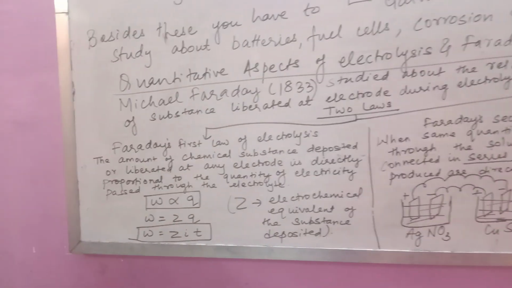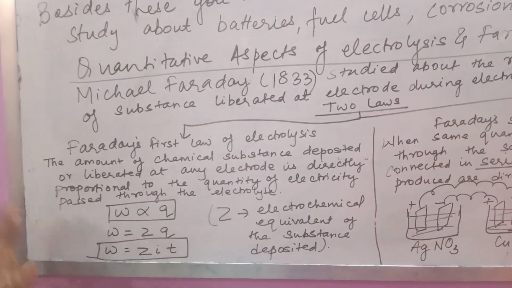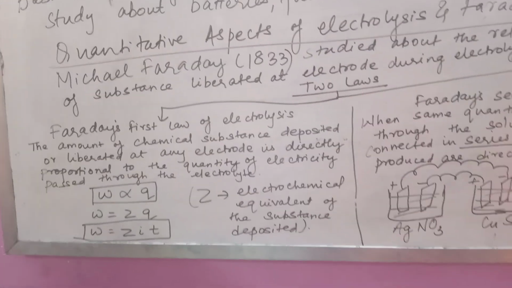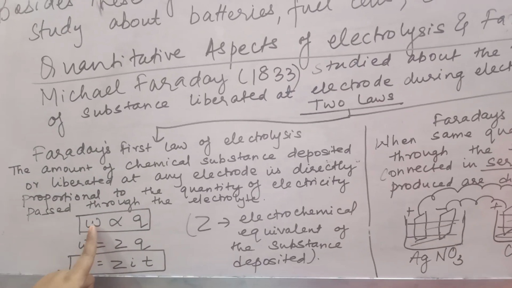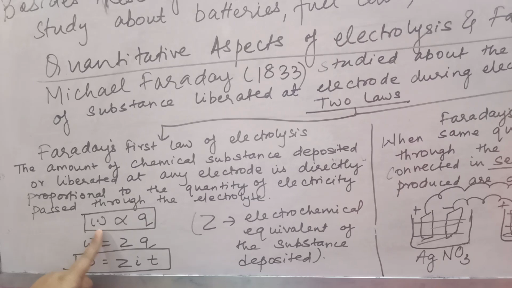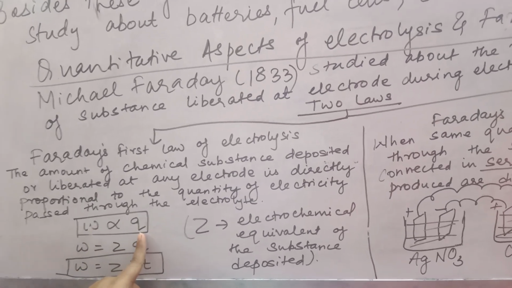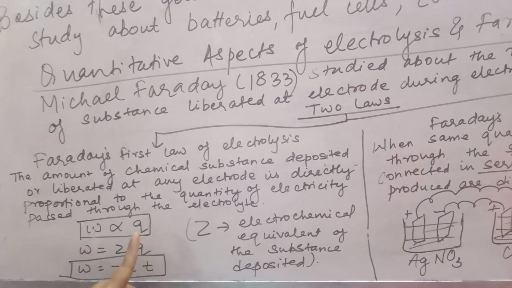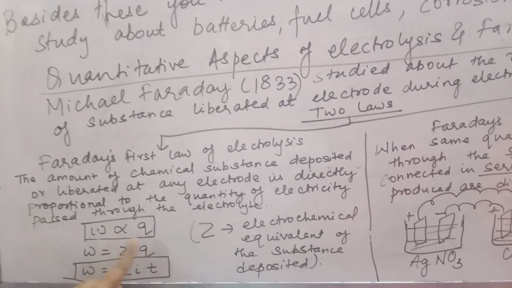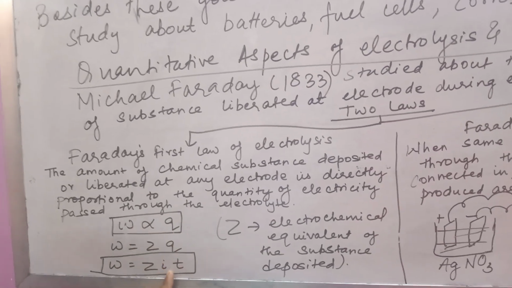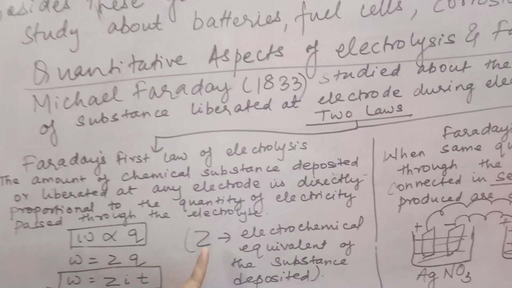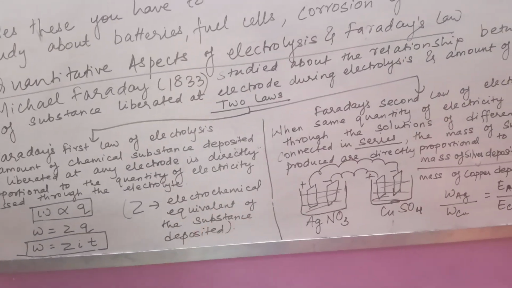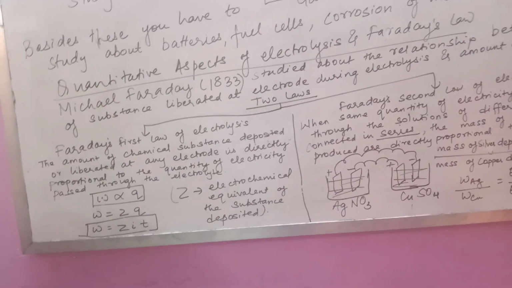Now first come to the first law of electrolysis, in which the amount of chemical substance deposited or liberated at any of the electrodes, that is W, is directly proportional to the charge in coulomb. And all of you know that Q is equal to current into time. So this proportionality sign is replaced by Z, known as the electrochemical equivalent of the substance deposited.